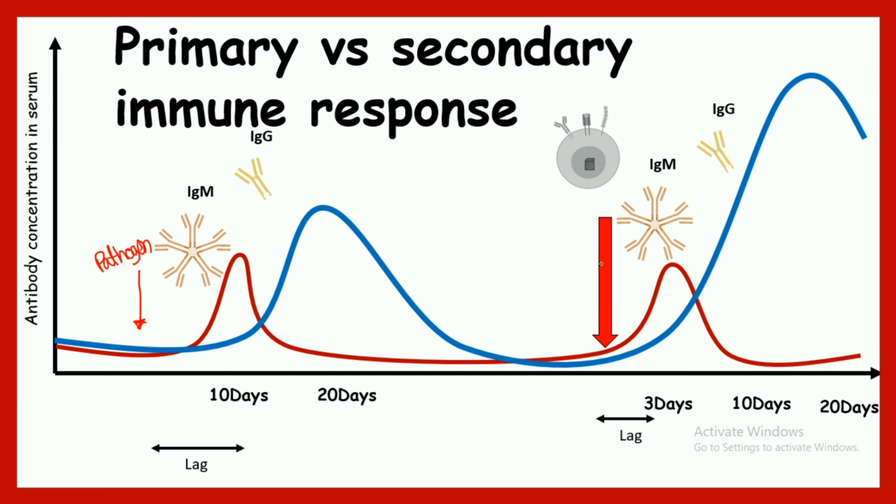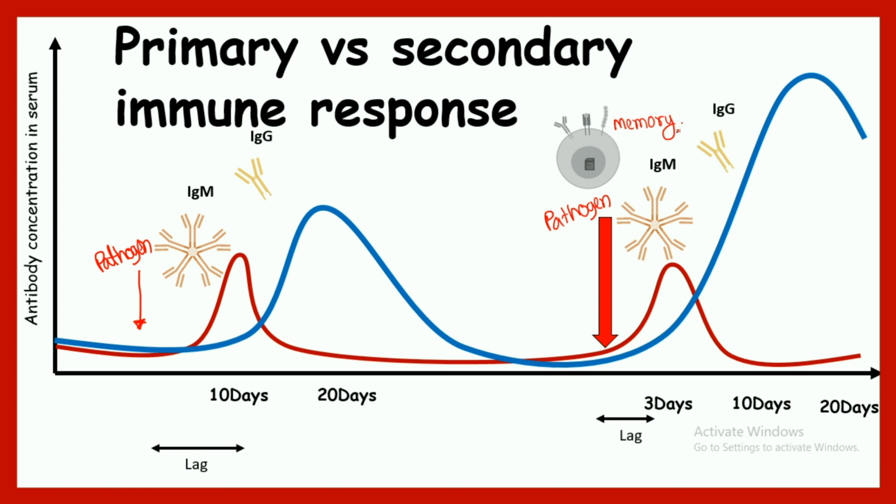But in case of a secondary immune response, when there is a second time of pathogen attack, what happens? Look at the lag. The lag is low and the response is higher. Look at the IgG curve. Its magnitude is higher, and also it involves memory cells.